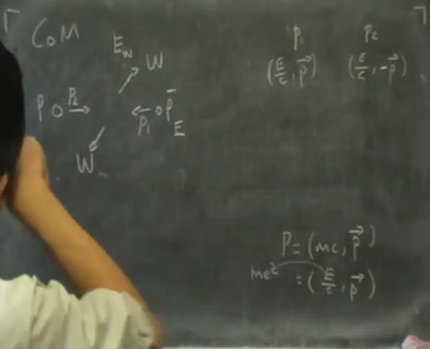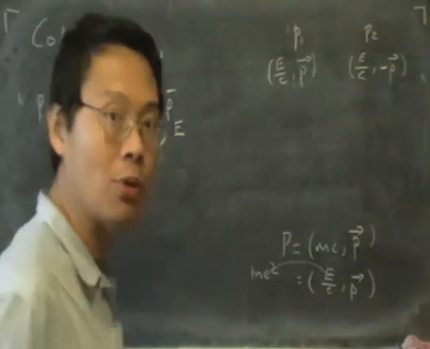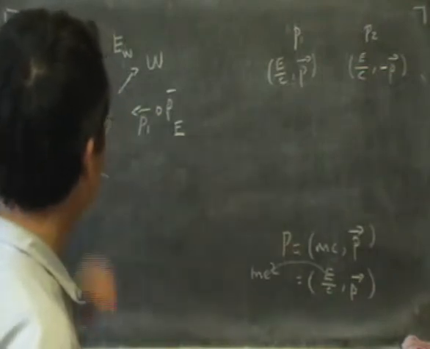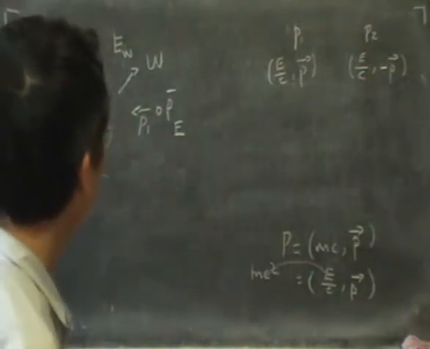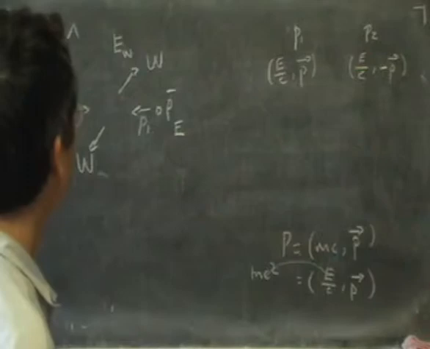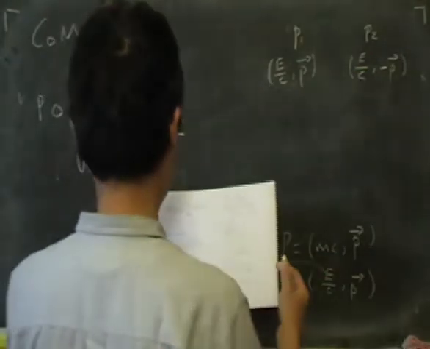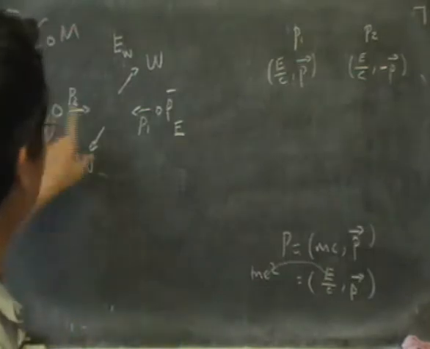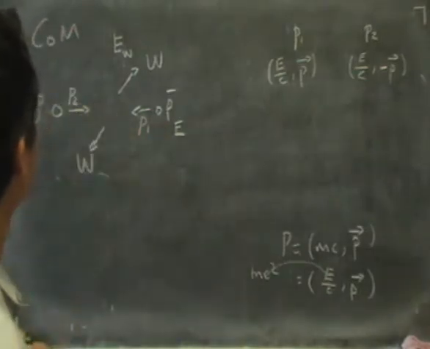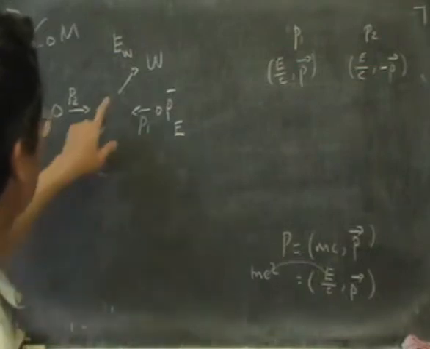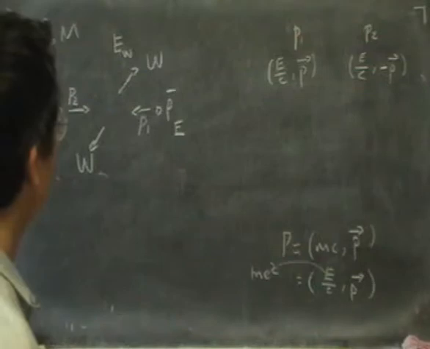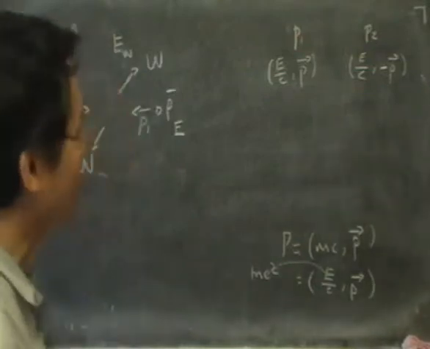We have already seen just now that the energy needed is quite obvious. You start off with this energy, and you need to produce a particle that has 100 times the mass.